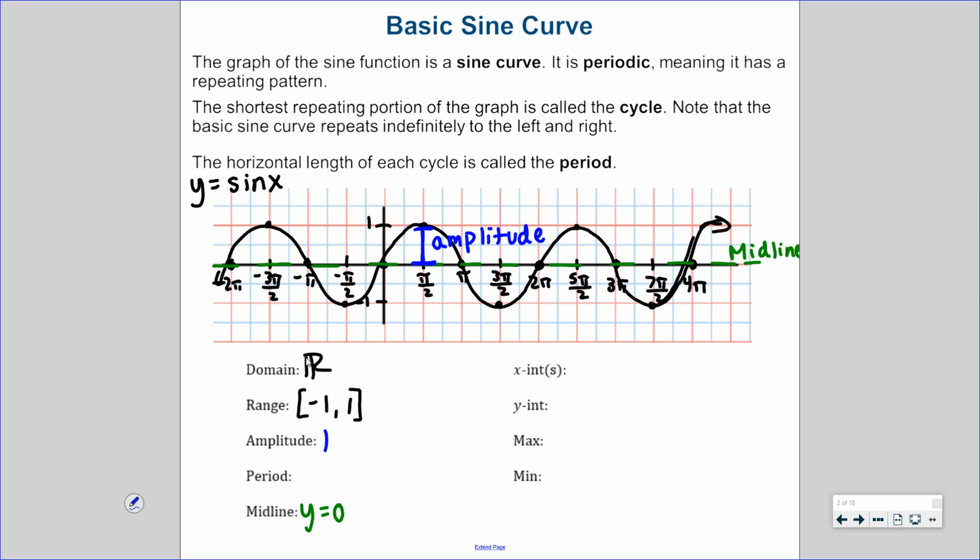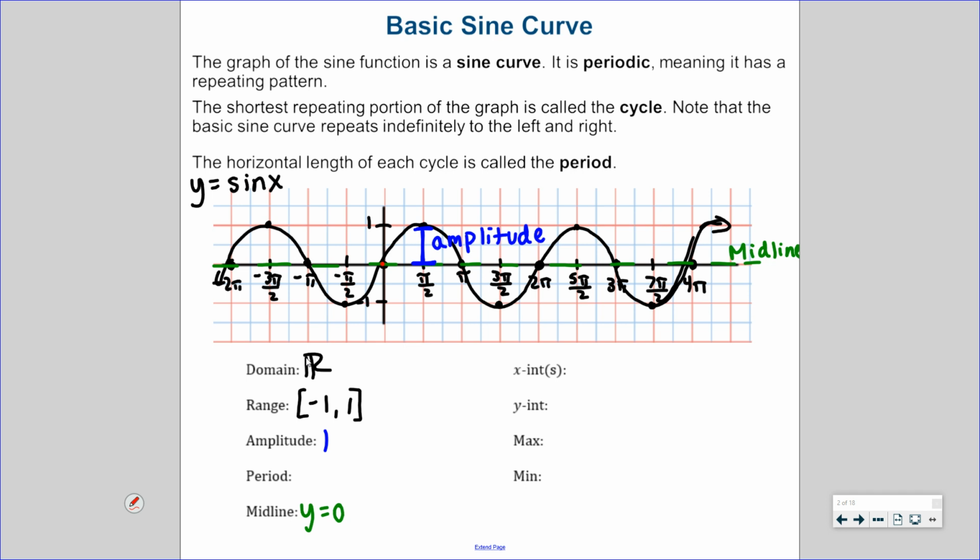Okay. So then a really important characteristic, because this is what we call periodic, because it has this repeating pattern, we call the length of one cycle a period. The most basic way to look at it is that it starts here at 0, and you can think of your unit circle.